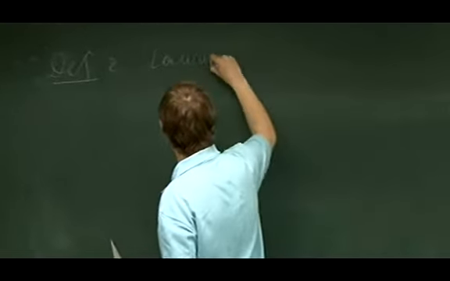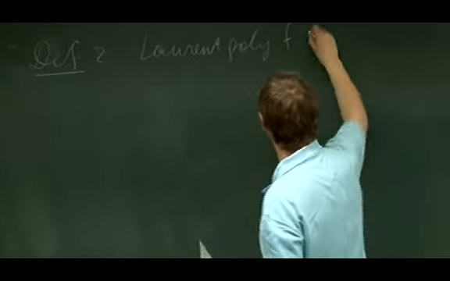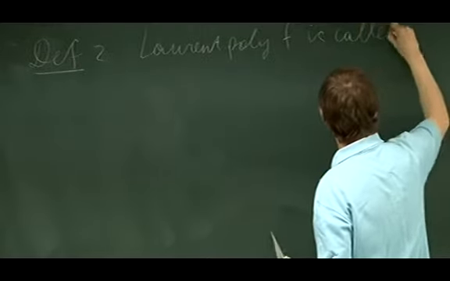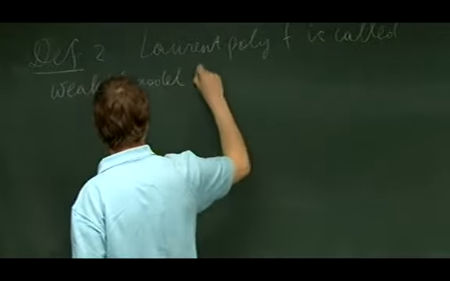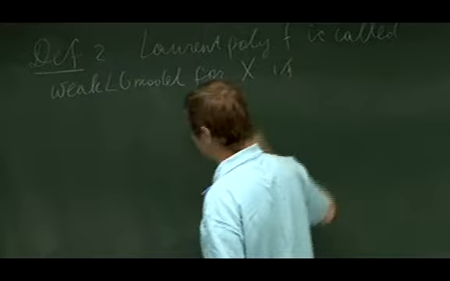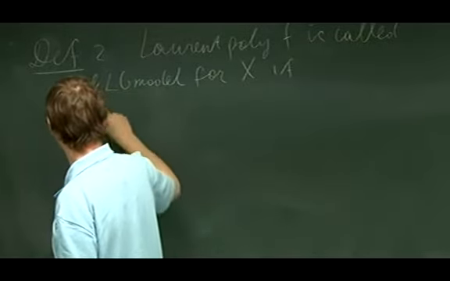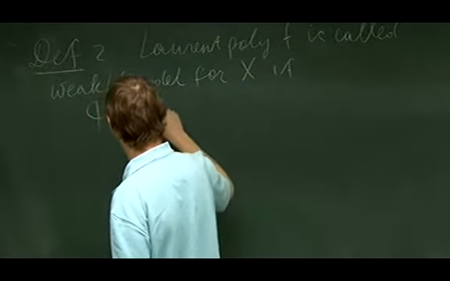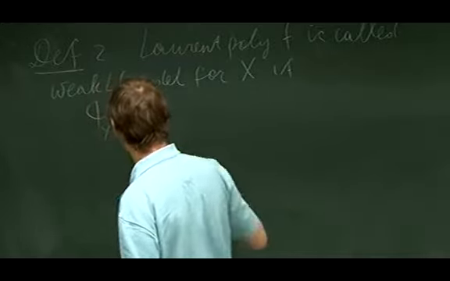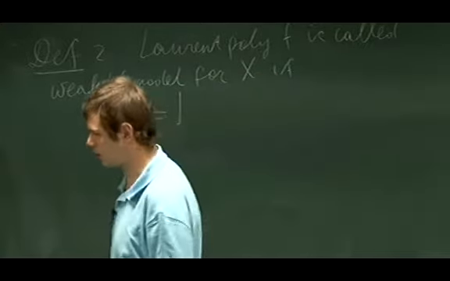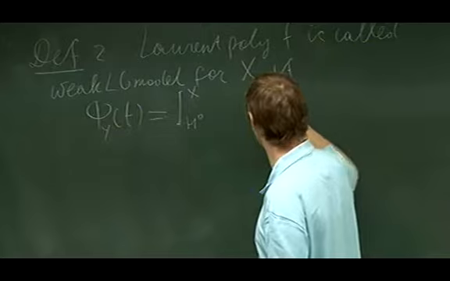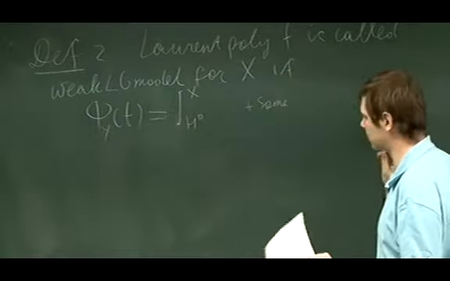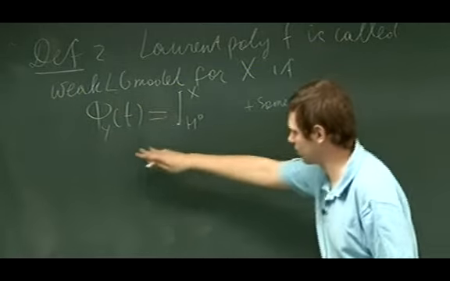A Laurent polynomial f is called a weak Landau-Ginzburg model for variety X if the series obtained in the same way for our f equals the unique analytical solution of the quantum D-module we discussed before, plus some conditions on fibers, but the main condition, of course, is this.